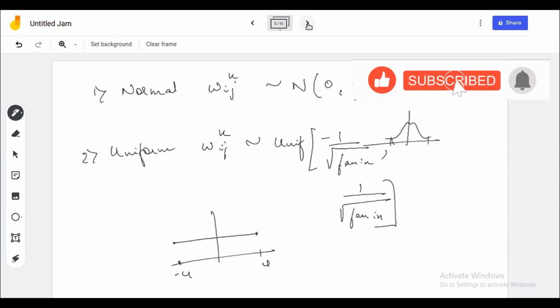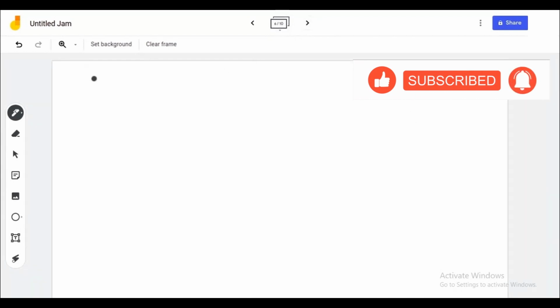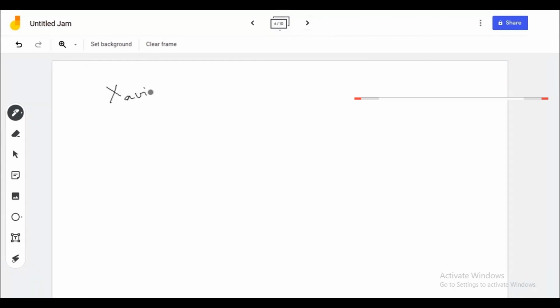Okay, so the next thing that we have is Xavier or Glorot initialization. These are both names of the scientists, and they again have two types of different initializations.